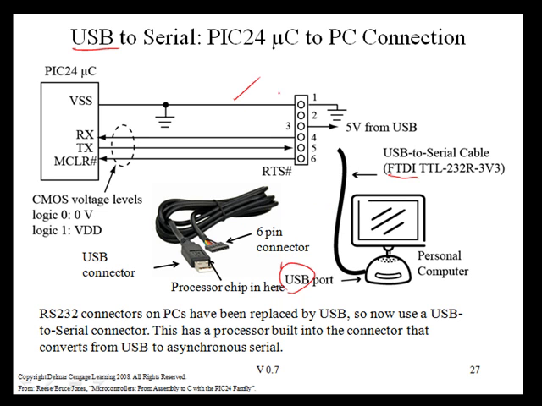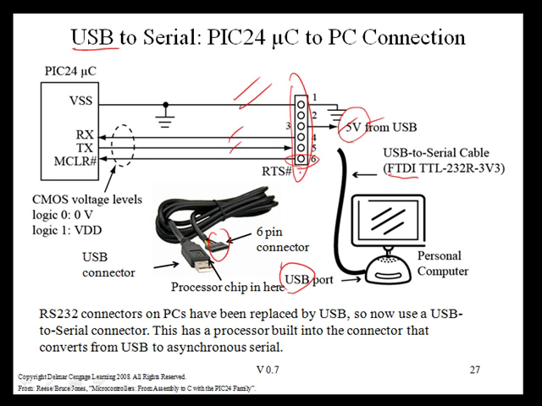This particular cable brings out a 6-pin header. On the 6 pins we have ground, receive, and transmit, as well as 5 volts from the Universal Serial Bus cable. You could actually use this to power your PIC24 board, but we don't do that because we don't want you damaging your port if you draw too much current from it.